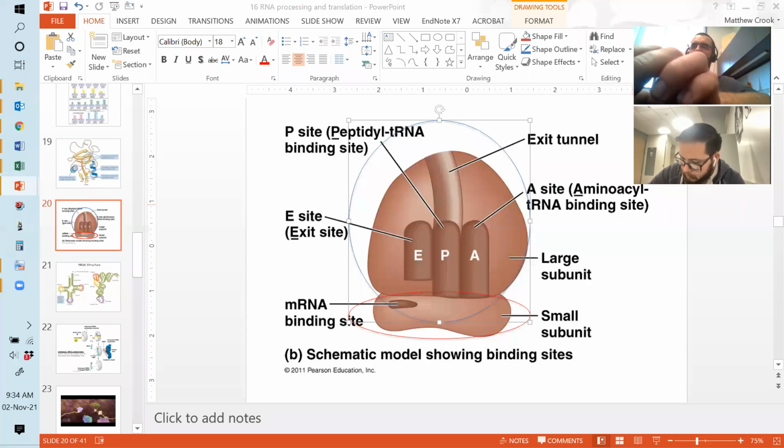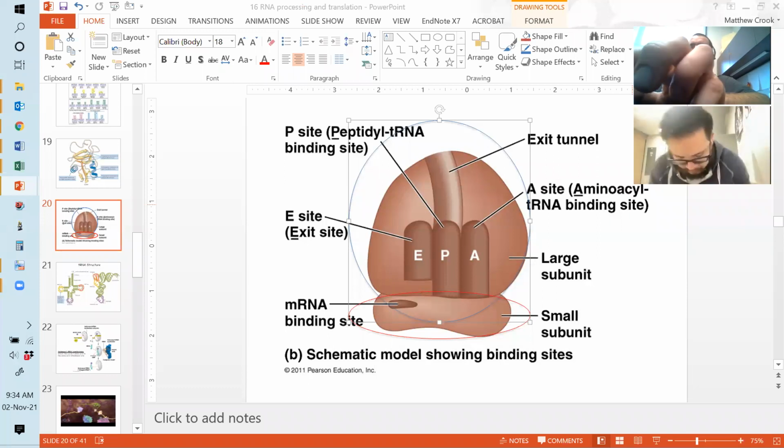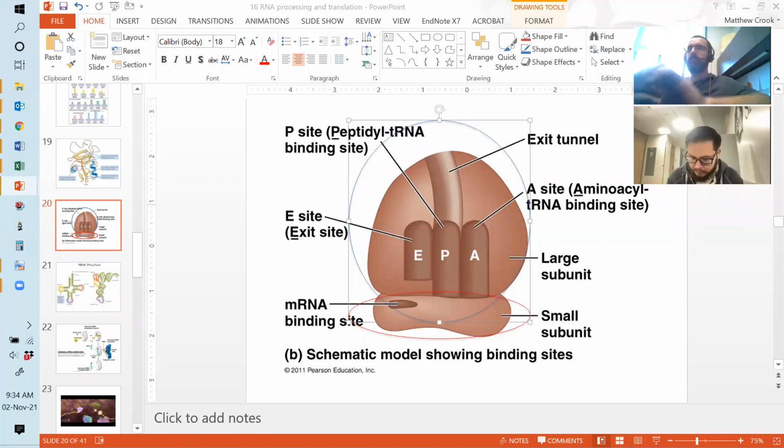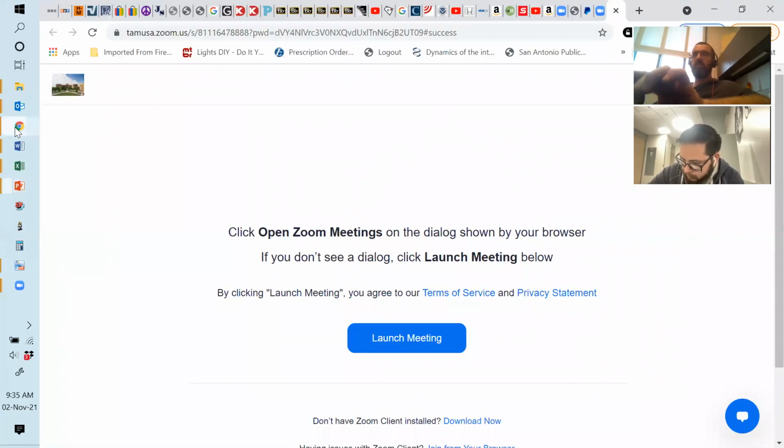Oh, and also kind of reading the mRNA. And that's a little bit of a sloppy term. So the large subunit has an exit tunnel, right? That's where the newly synthesized polypeptide comes out.